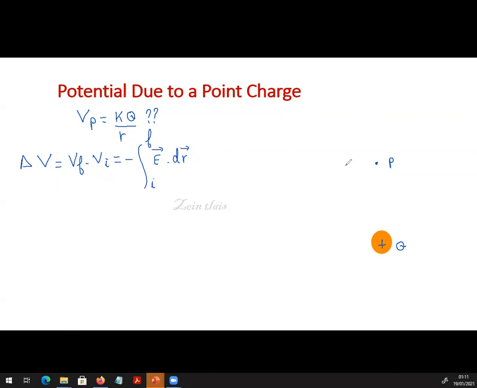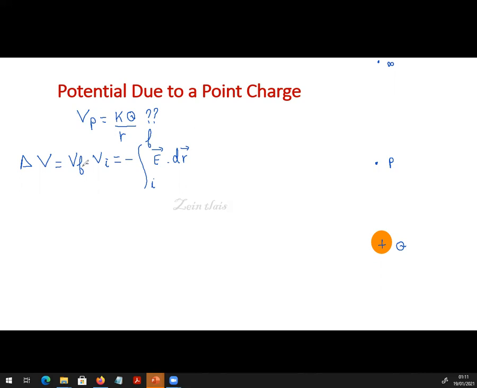Let's say we take this point as initial and a point at infinity as the final point. Why do I take a point at infinity? Because I know the value of the electric potential at infinity equals 0.